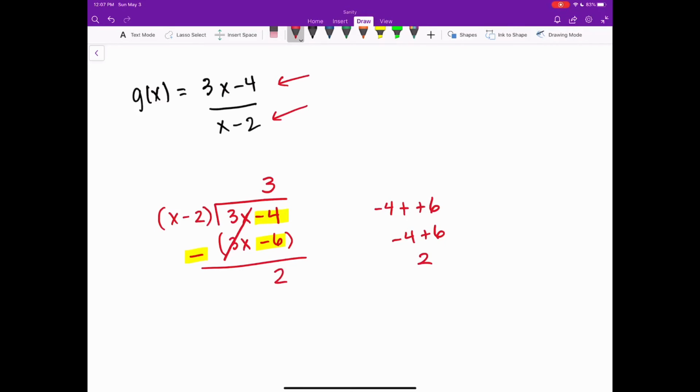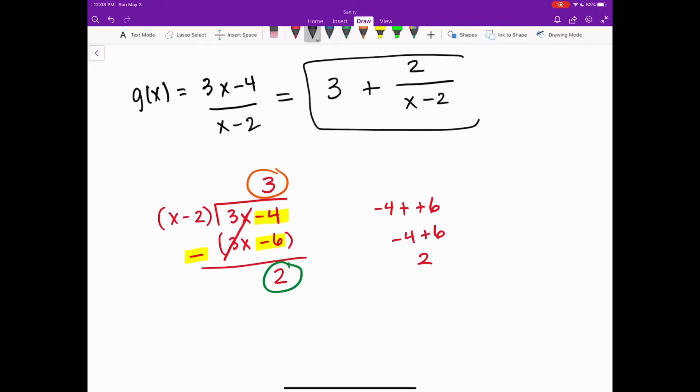I've ran out of stuff to do, so now I can see my quotient and my remainder. I'm going to come back up to the top and rewrite this: my quotient is 3 plus my remainder of 2 divided by my divisor of x minus 2. Hey, that is a lot easier to graph.